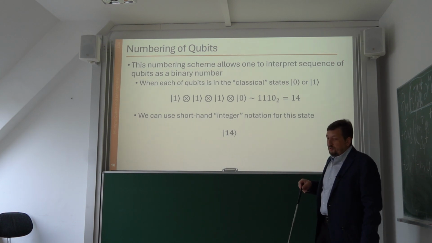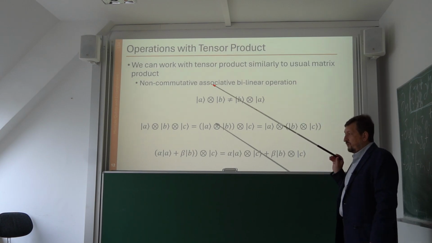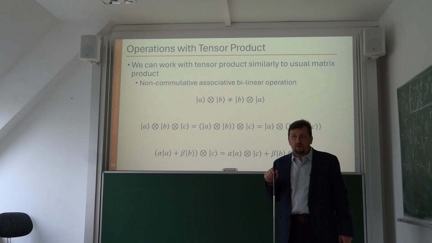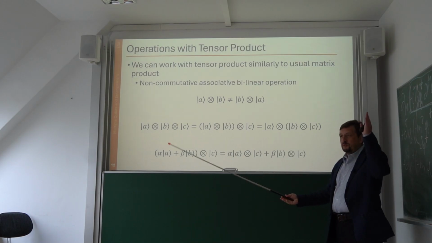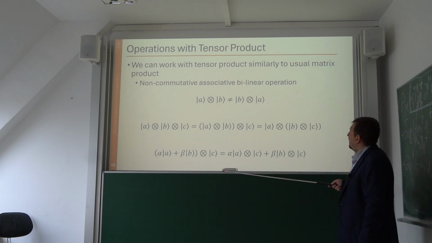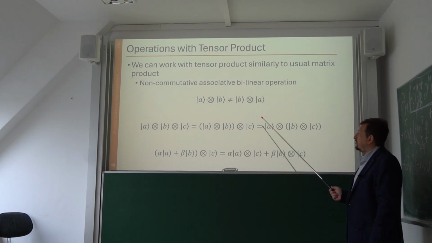Okay, so this is something to remember. Now, what can we do with the tensor product? You can consider the tensor product the same as a matrix product. It's not commutative. Like with the x and y coordinates, you cannot flip them, but it is associative. So you can perform all the operations the same as with matrices.